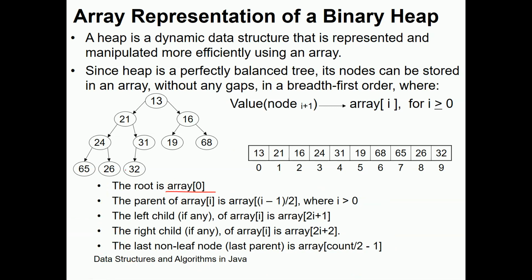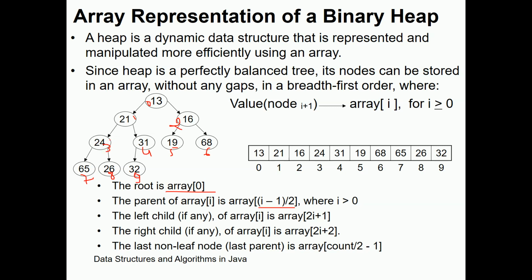Now the second one is that the rule is that the parent of any element is going to follow this kind of rule. Now let's have a look. For example, this is 0, 1, 2, 3, 4, 5, 6, 7, 8, 9. Now let's find what is the parent of this one, this 24.